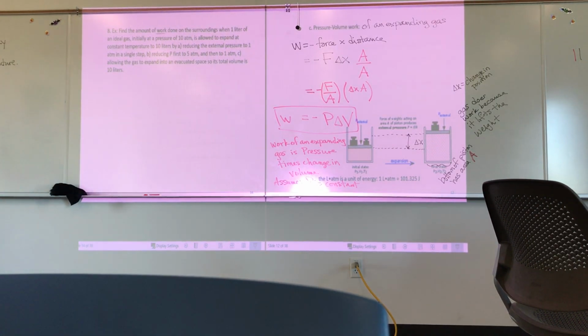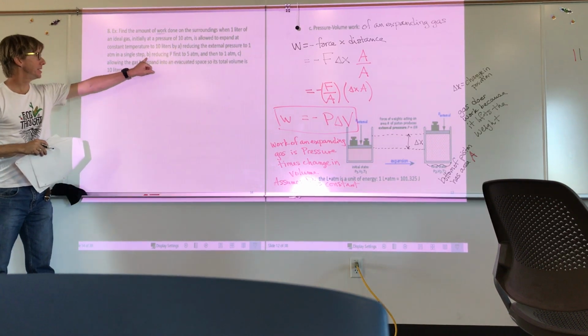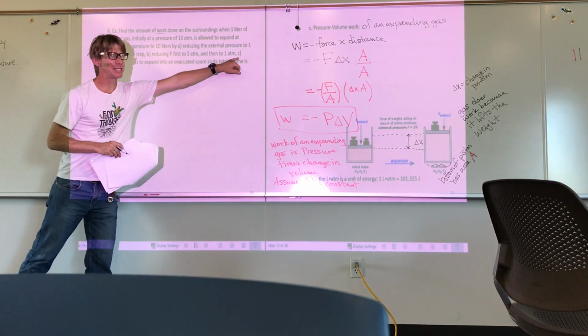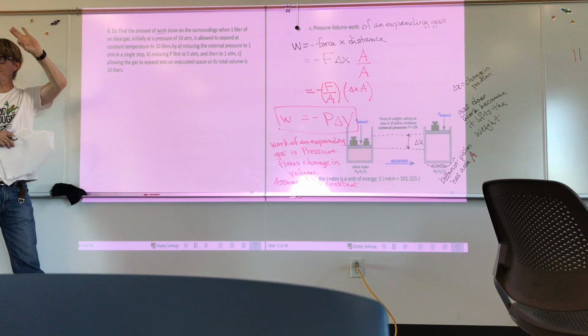It says, find the amount of work done on the surroundings when 1 liter of an ideal gas, initially at a pressure of 10 atmospheres, is allowed to expand at constant temperature to 10 liters by A, B, C. So by 3 different methods.